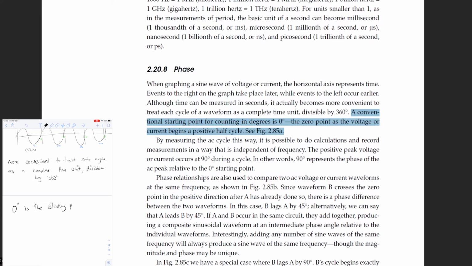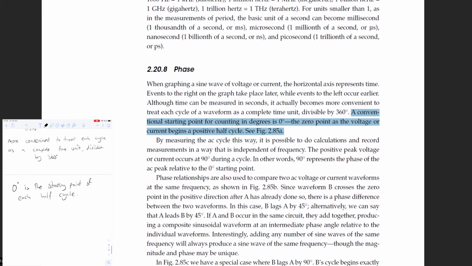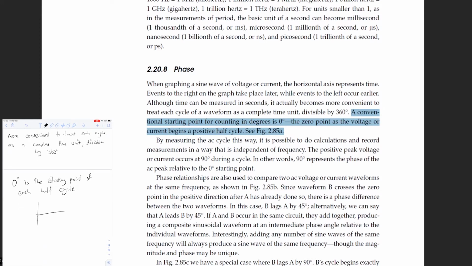So you've got waveform, this is 0 degrees, starting point.